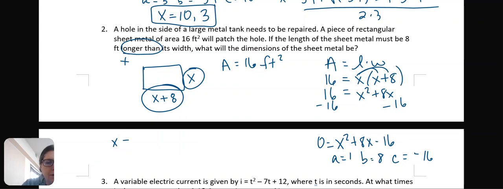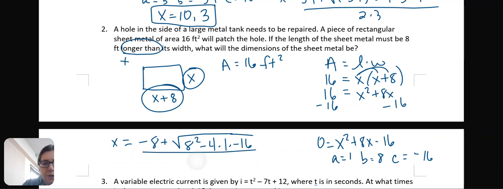So I'm going to go ahead and plug it into my formula. So opposite of B, square root, B squared minus 4 times A times C, all over 2 times A. So for one answer, I got 1.66 approximately.